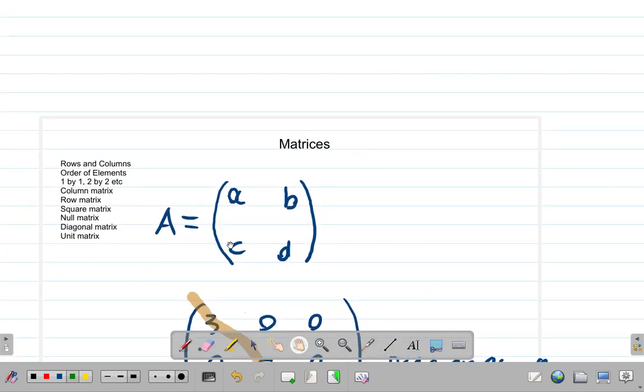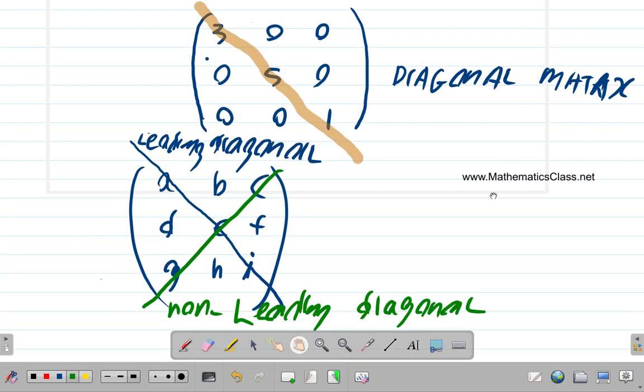Alright. Then the last matrix we will look at in this video is called the unit matrix. It is a diagonal matrix, but what would the elements be?